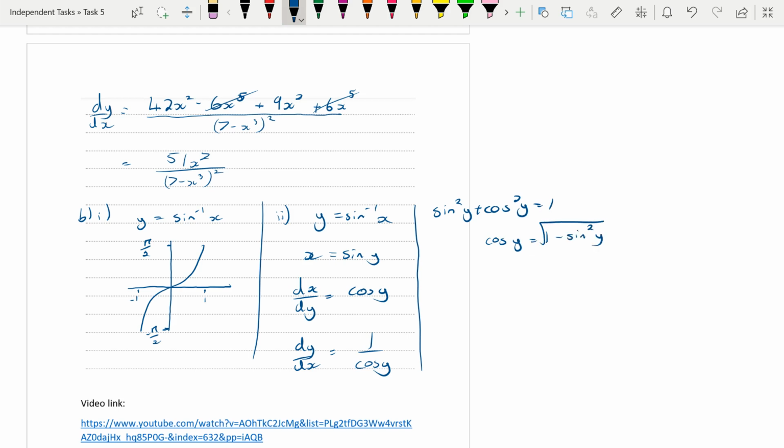So if I put that into my dy by dx, I've got 1 over that. Now I know what sine y is, it's x, so I've got 1 over the root of 1 minus x squared. Now that is the formula that we get in the booklet as well, so we know what our target is. So if you aren't getting the target, we know something's gone wrong.